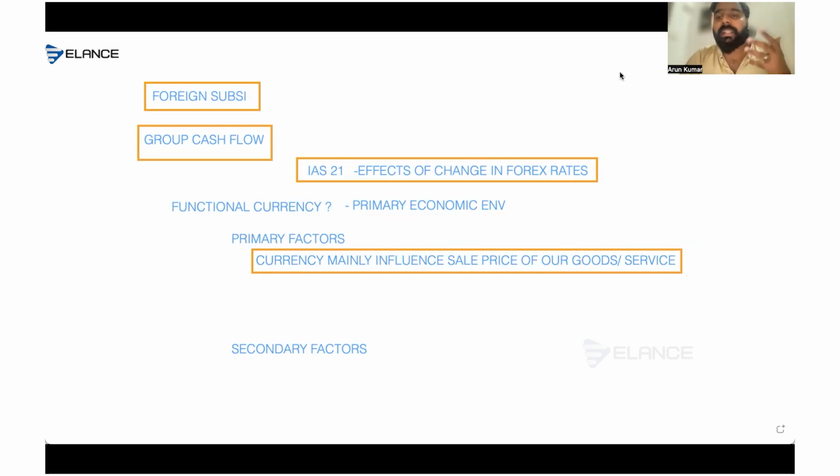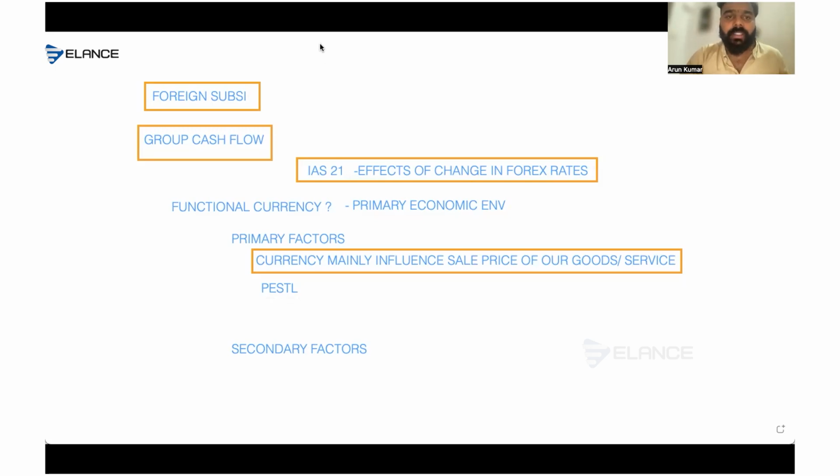So first, the currency that mainly influences the sale price of the goods or service, or we need to consider the economic factors. You can learn it like the PESTLE factors. What are the PESTLE factors? Political, economic, social, technical, and legal. These are the external factors.